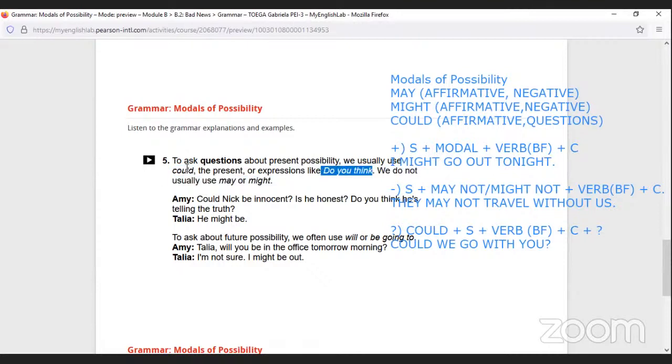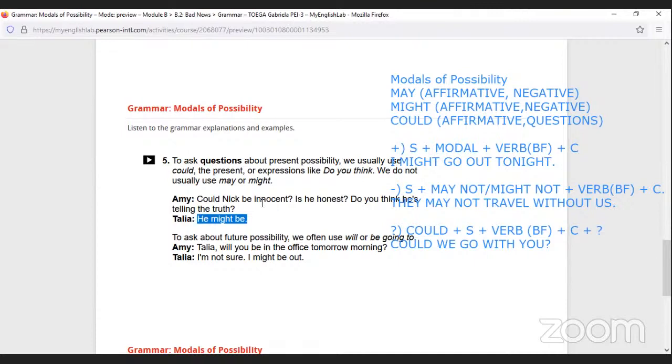Or maybe in some cases you could see this, for example, do you think? It's the same as could. For example, here, could Nick be innocent? Is he innocent, honest? Do you think he is telling the truth? He might be. So always we can answer with might, maybe with may, okay?